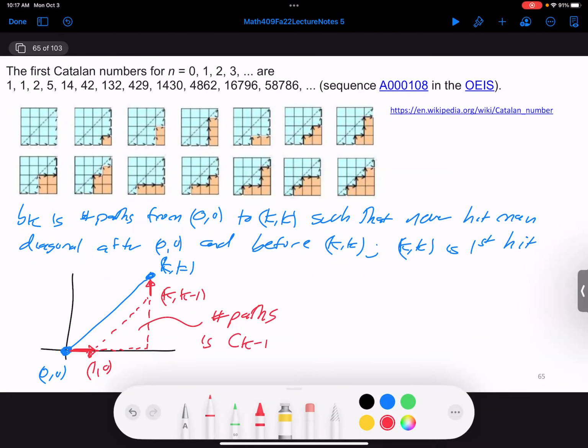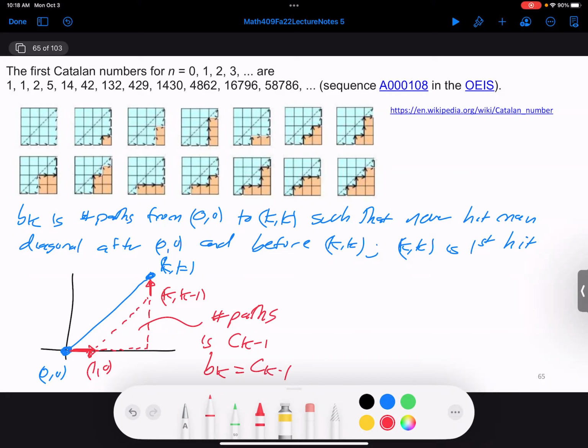Because this is a triangle one smaller. We've lost one step to the right. We've lost one step to the left. The number of legitimate paths is just a Catalan number. So we know B_K is equal to C_{K-1}, right?